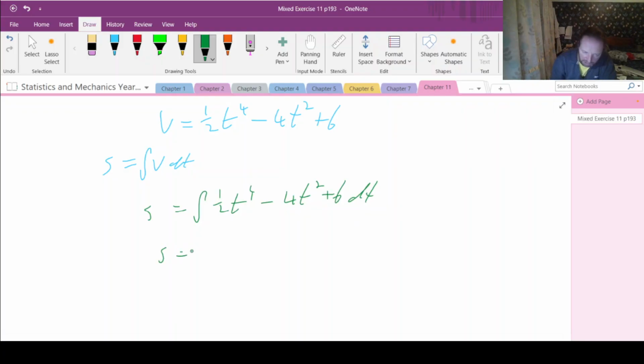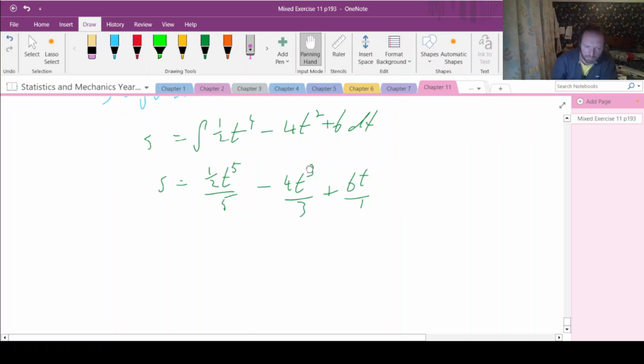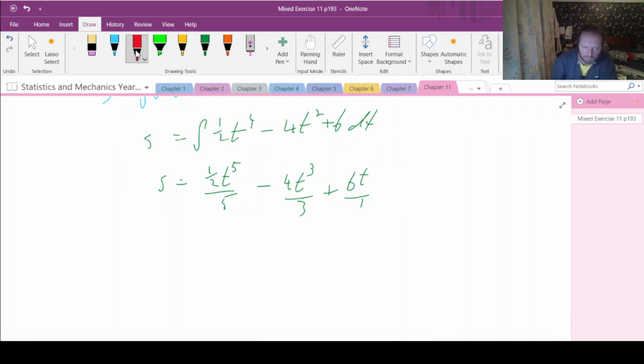And so s is equal to a half t to the 5 over 5 minus 4t cubed over 3 plus 6t over 1, plus c.